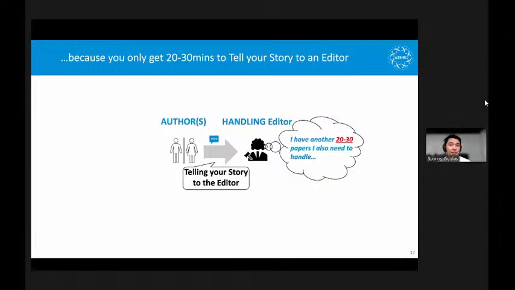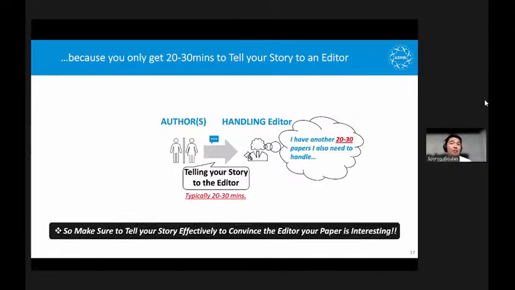In fact, you should not expect an editor to have more than 20 to 30 minutes to read your manuscript. Therefore, make sure to tell your story effectively in a paper in the most exciting and understandable way possible, so that you can convince your handling editor that your work is interesting.